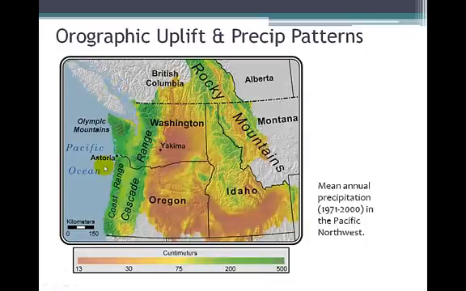And you can see that this western side of the mountain range has much higher precipitation amounts than this drier leeward side of the mountain. So all the precipitation falls on the windward side of the mountain, and on the other side it's very dry.